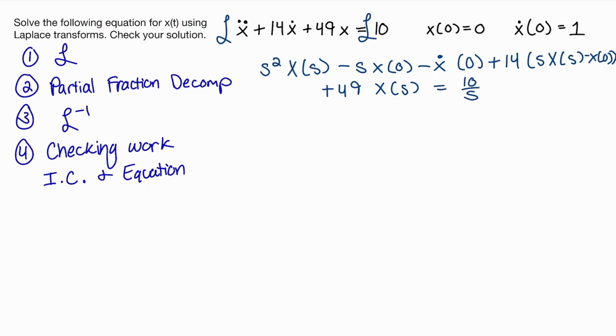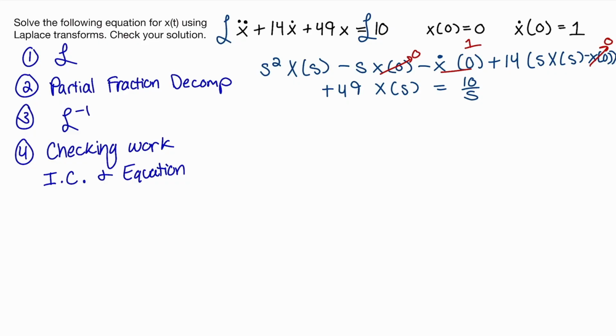So this is what we get when we do the Laplace, and immediately we can put in our initial conditions that were given. So we know x(0) is 0, x dot(0) is 1.